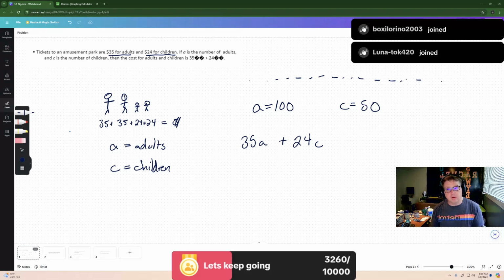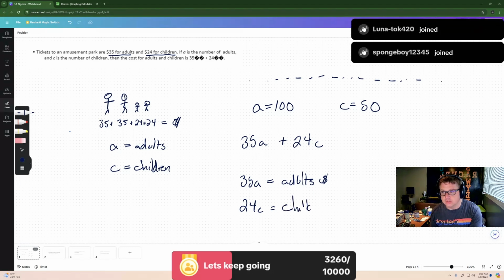Or we could just count the number of adults and the number of children that come in, multiply each by their proper amounts, and then add those together. You could even take this part to find the adults' money and this part to find the children's money. You could even break this up smaller if you wanted to.